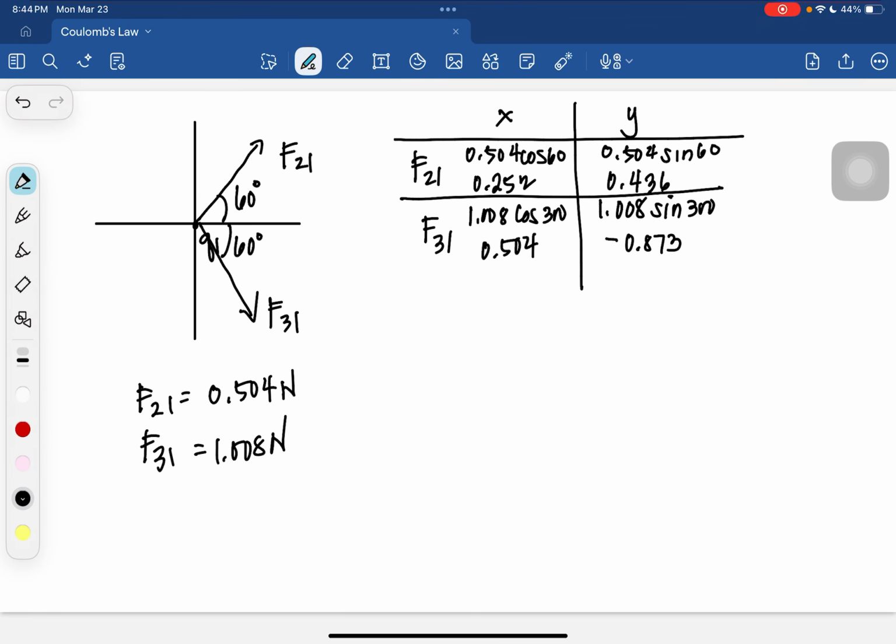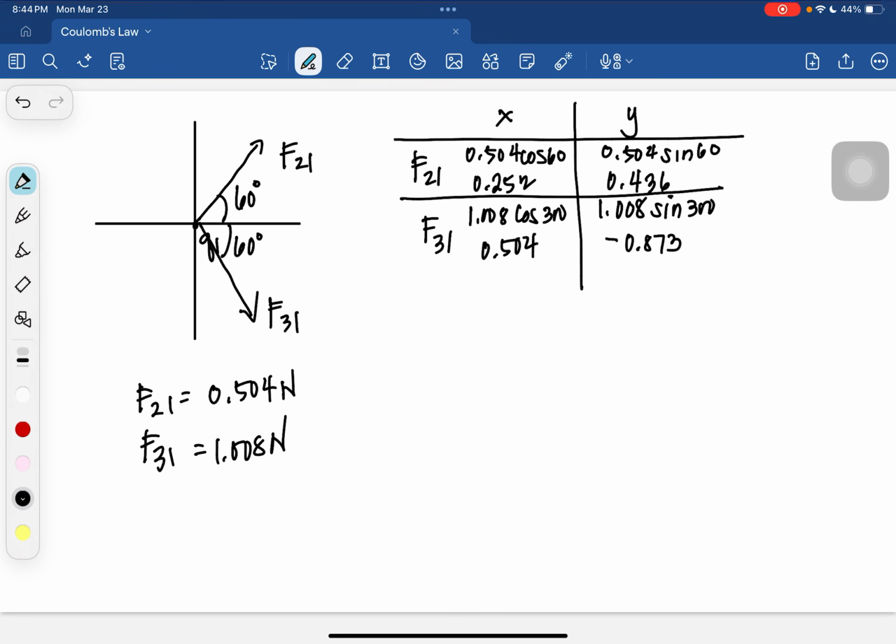This is what happens when you're live. 0.504 sine 60 will be 0.436. And 1.008 sine 300 is negative 0.873.